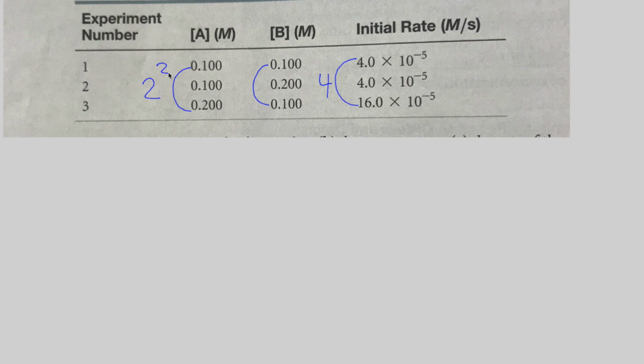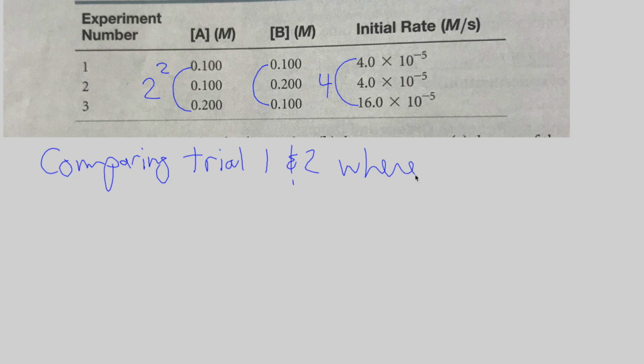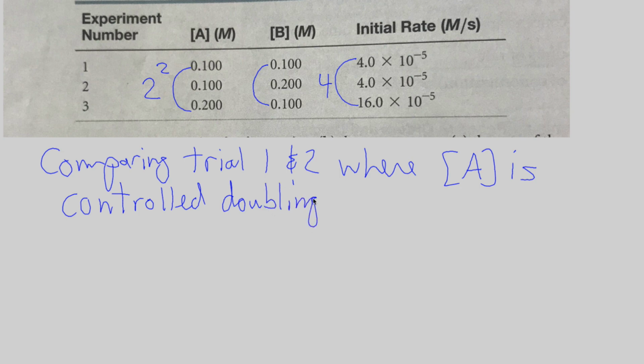So now, guys, how do we say this? Write this down with me. Comparing trials 1 and 2, where concentration A is controlled, doubling concentration B has no effect on rate.